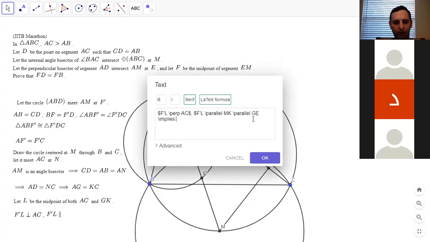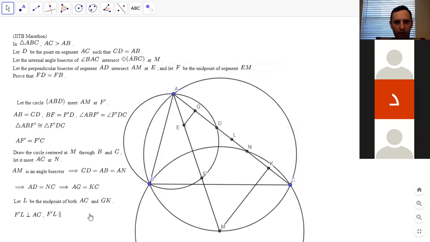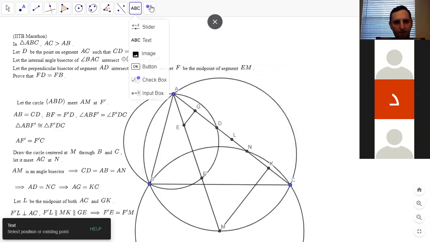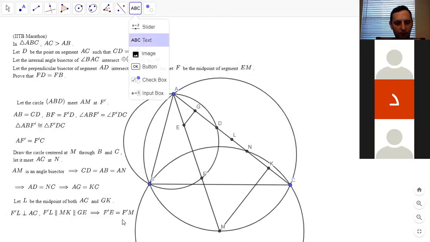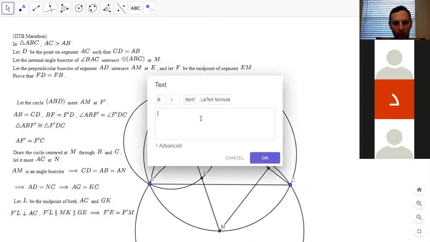That means that F prime E equals F prime M. And that means F prime equals F. That means that FD is equal to FB.